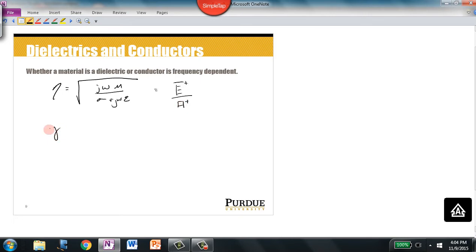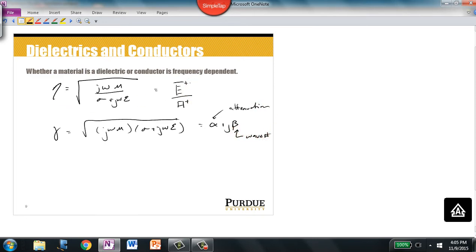The second property that we're interested in is the complex propagation constant, and that's equal to the square root of those same terms multiplied together, j omega mu times sigma plus j omega epsilon. And this is equal to alpha plus j beta, where alpha tells us attenuation, and beta tells us wave number.